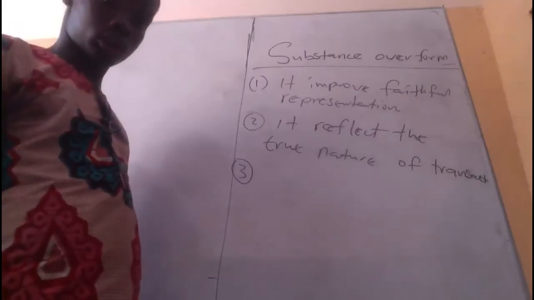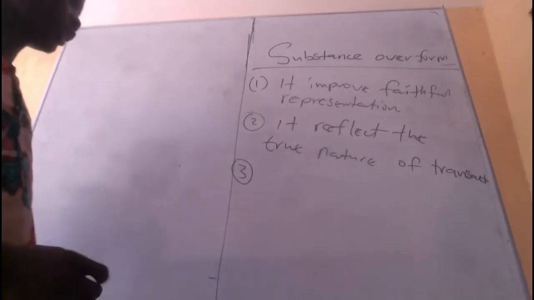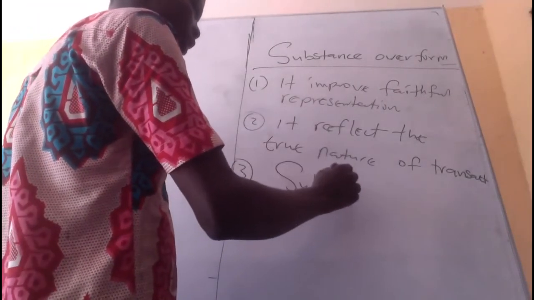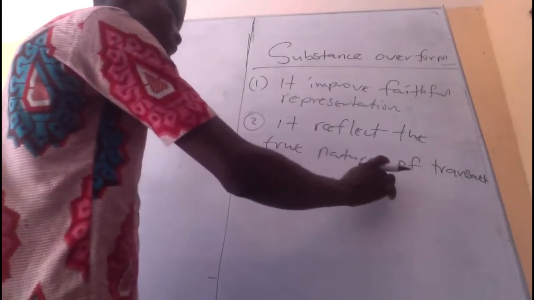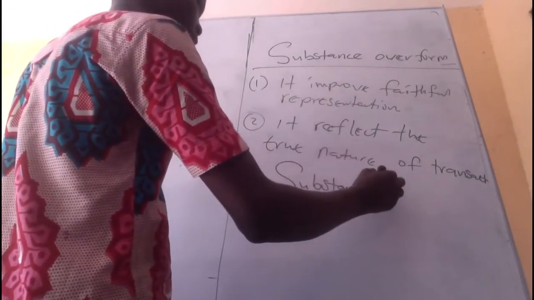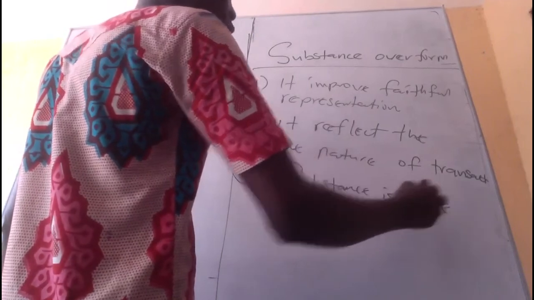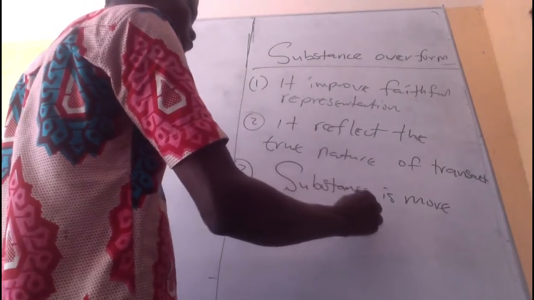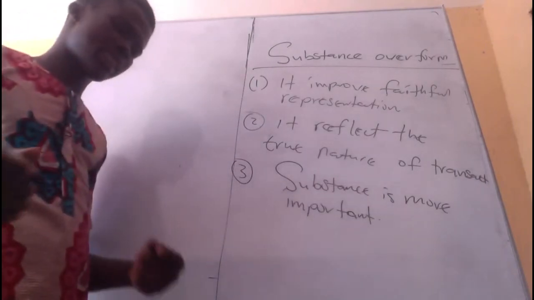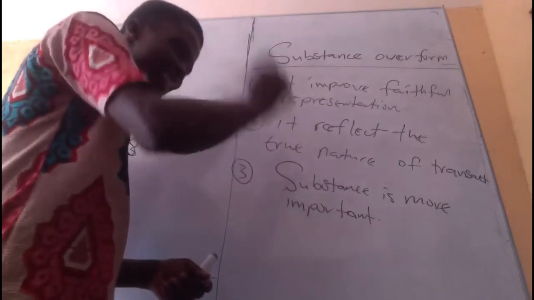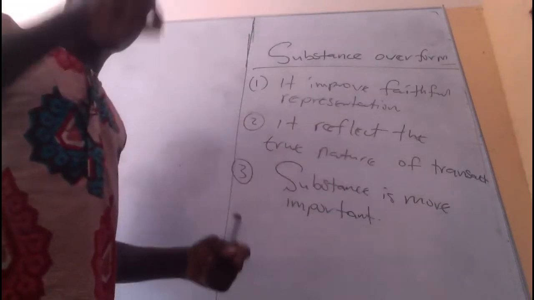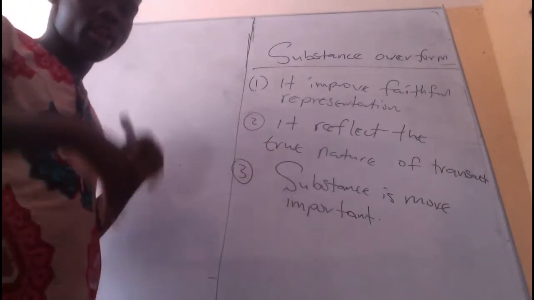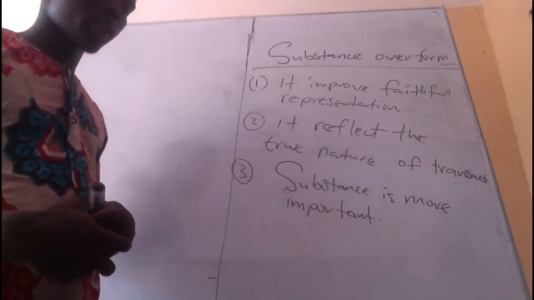So we are saying substance over form is important. Substance is what? More important. Why is it more important? In accounting books, we like the substance, but not the form. So substance is very important to us than the form. That's what I'm saying. So these are the importance of substance over form.